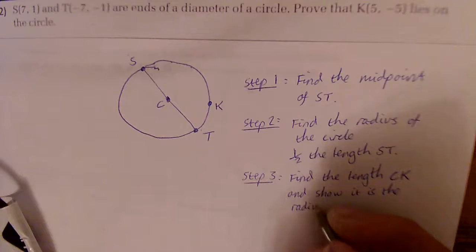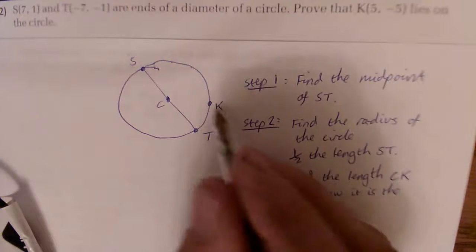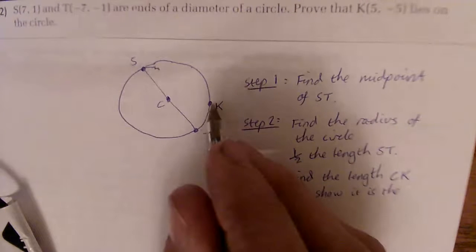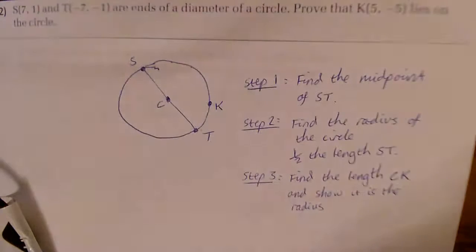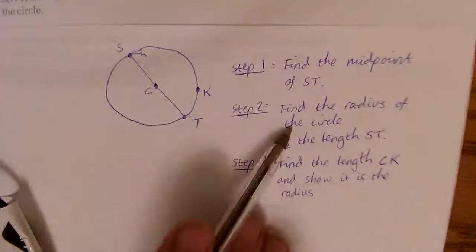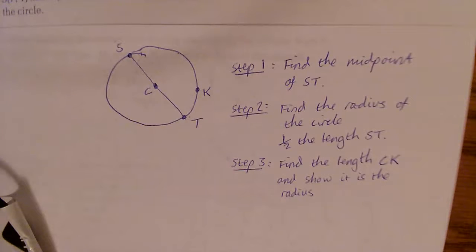So if we can show that K is the same distance away from the center as, say, point T or point S, then it must lie on the circle. So it just gives you a little step-by-step plan that you can now follow. All of these skills are ones that you should be aware of now. So that gives you something you can follow, see how you get on.